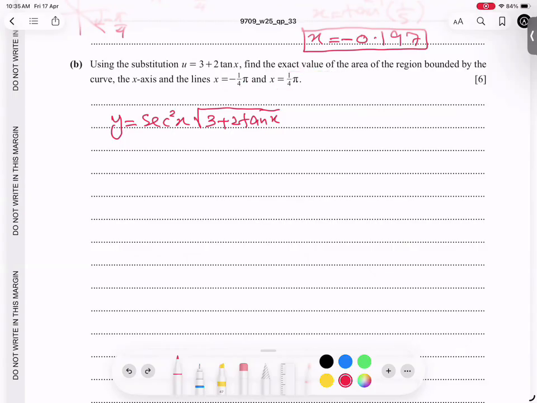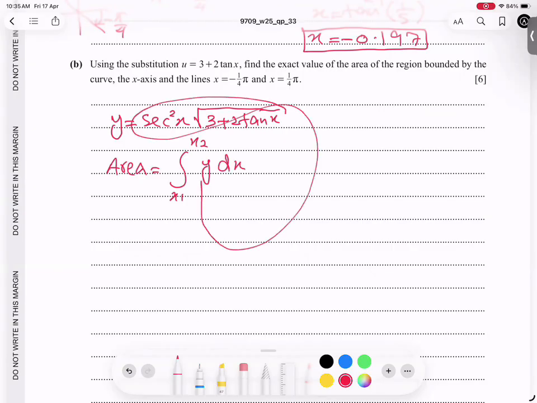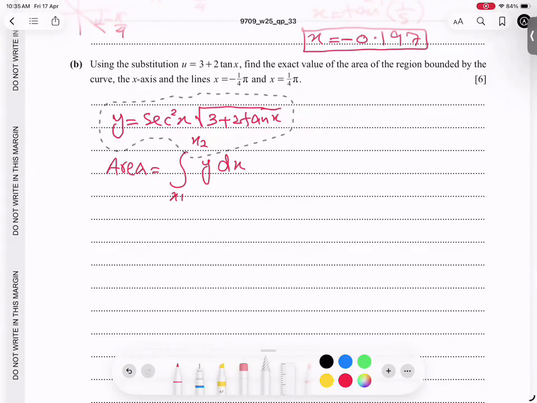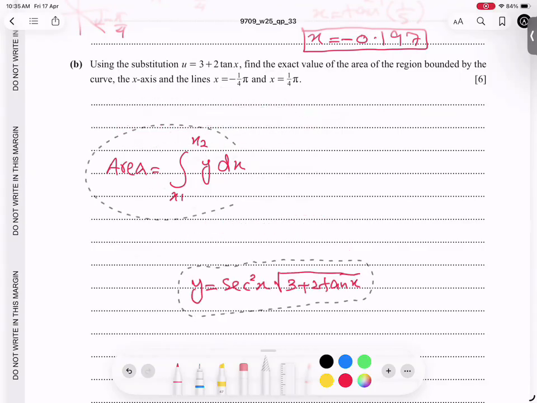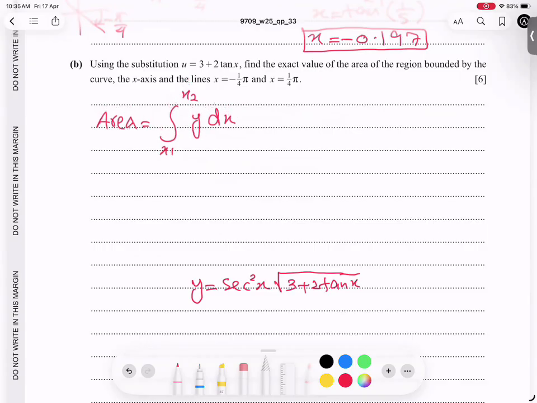pi by 4. So it means we have to, what is the formula of the area? The basic formula of the area is the integral from x1 to x2 of y dx. So formula is clear, and I'm going to use it.